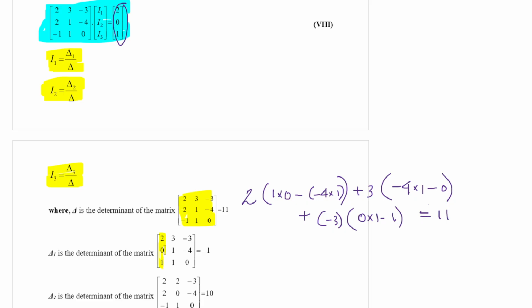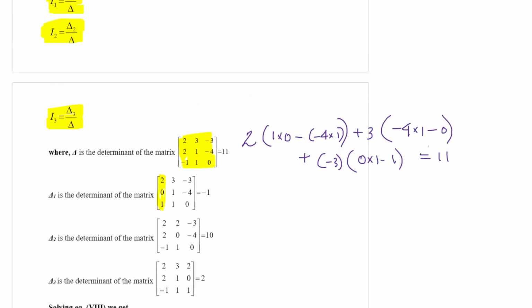So delta 1, the determinant of this matrix, let us solve. This determinant will be 2 into, if you consider these two, then this row and this column must be omitted. Then we conduct a cross multiplication, so 1 into 0 minus 4 into 1.